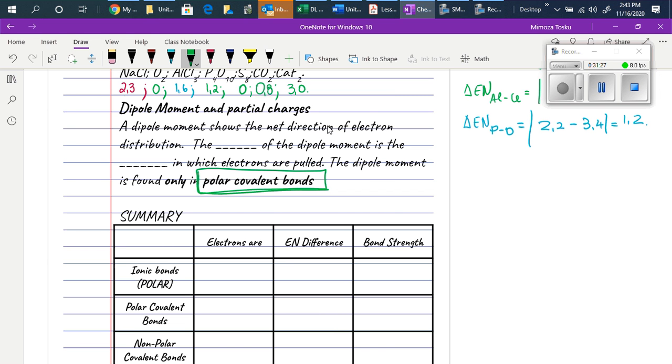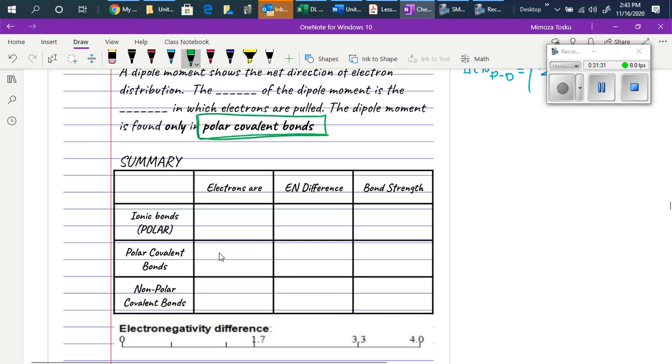Okay, what are polar covalent bonds? Keep in mind what we have said. The ionic bond is formed between metals and non-metals. Metals have the tendency to lose electrons, and non-metals have the tendency to gain electrons.